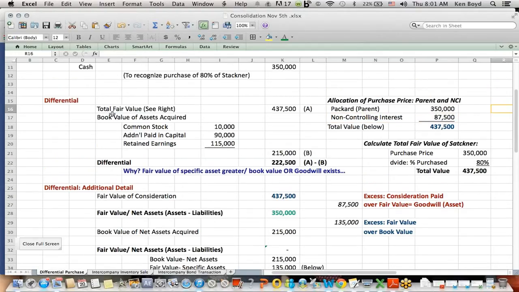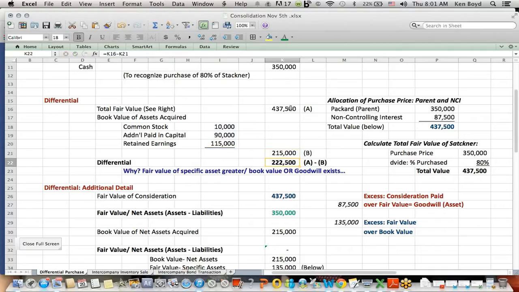So once we know that, we then go on to think about, well, what did the parent actually buy? Well, what the parent is buying is the net assets or the equity of the subsidiary. So that specifically is the sub's common stock, their additional paid-in capital, and their retained earnings. So let's look at that as if the whole company was being purchased. So we add that up, and that's $215,000.